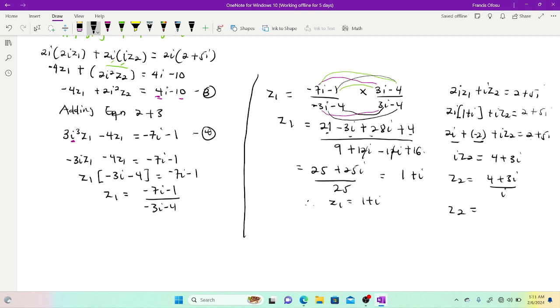Z2 is simply going to give me 4 over i plus 3 over i over i. 4 over i is the same as negative 4i. Then this will give me plus 3. So therefore, Z2 is equal to negative 4i plus 3.